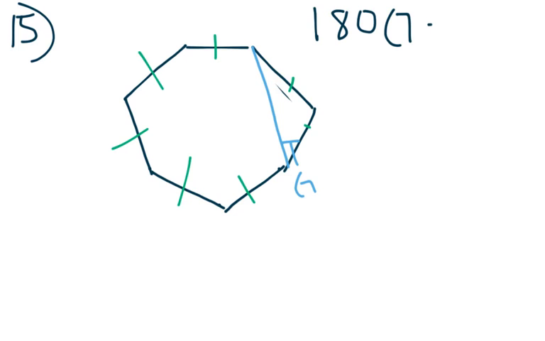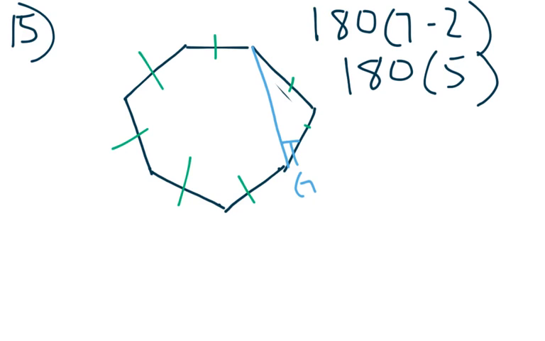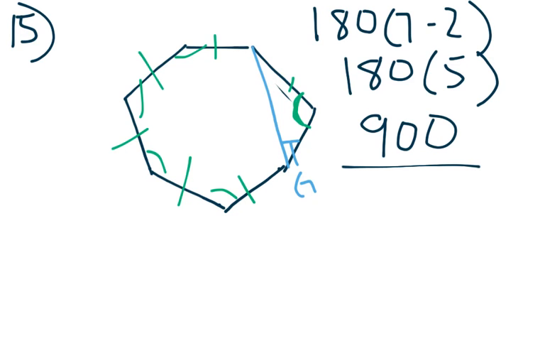So the sum of the interior angles is 180 times 5, and that is 900. Remember, this is the sum, the total of all the angles. In order to find out what G is, we just need to find one angle, and all the angles are the same because it's a regular polygon. So we divide 900 by 7, and that is about 128.6.